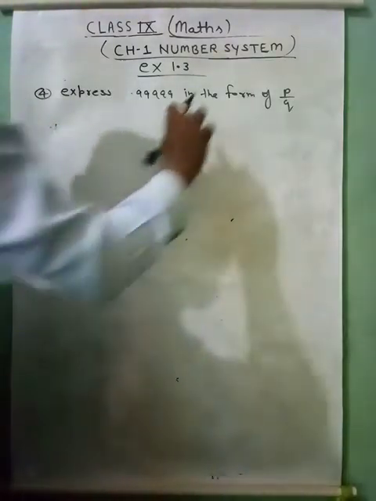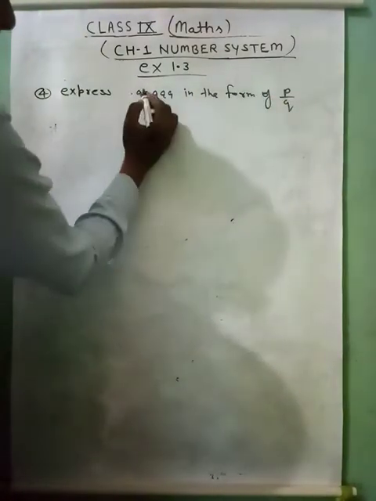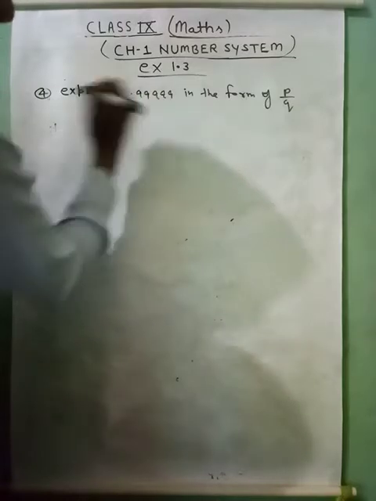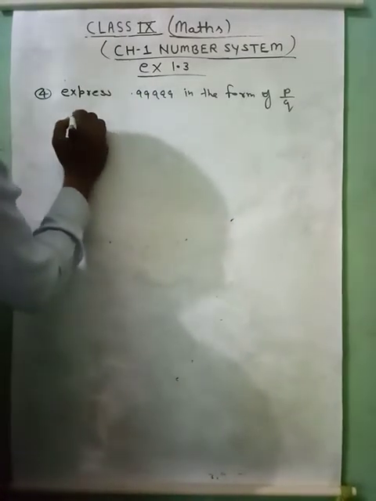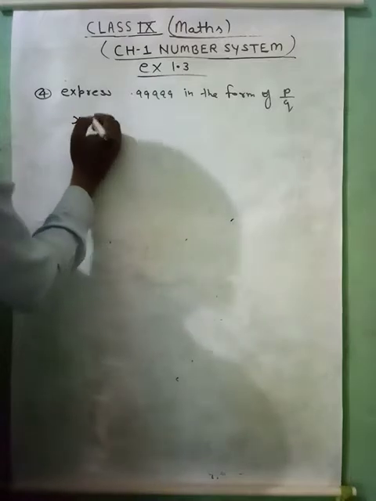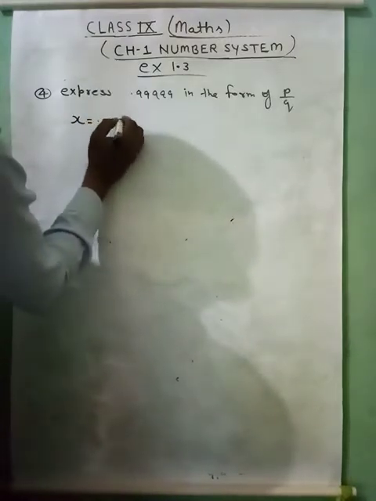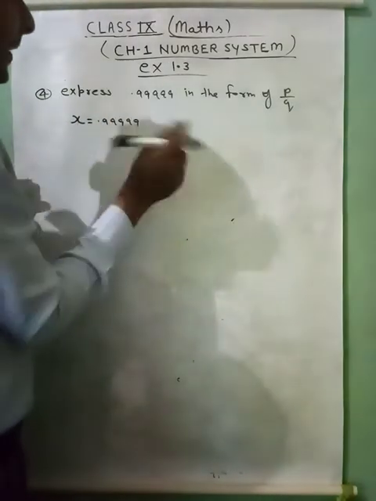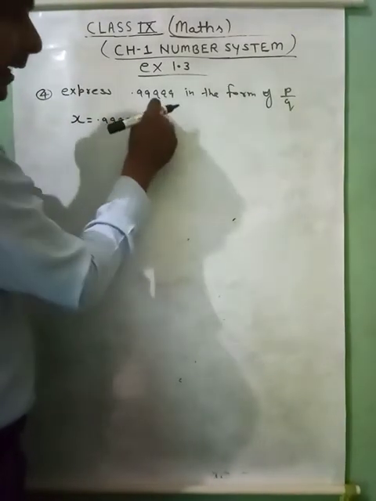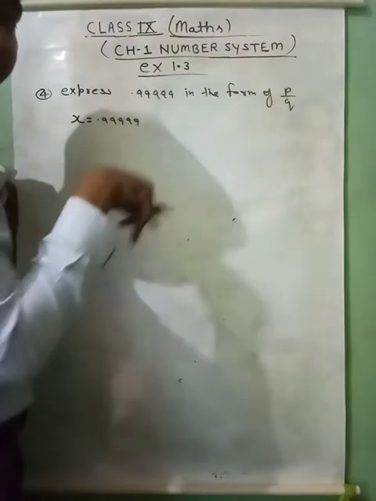You have to convert in the form of P by Q. We know that it's repeating 0.99999. So we can write x is equal to 0.99999. We know that it is not terminating but repeating. Clear?